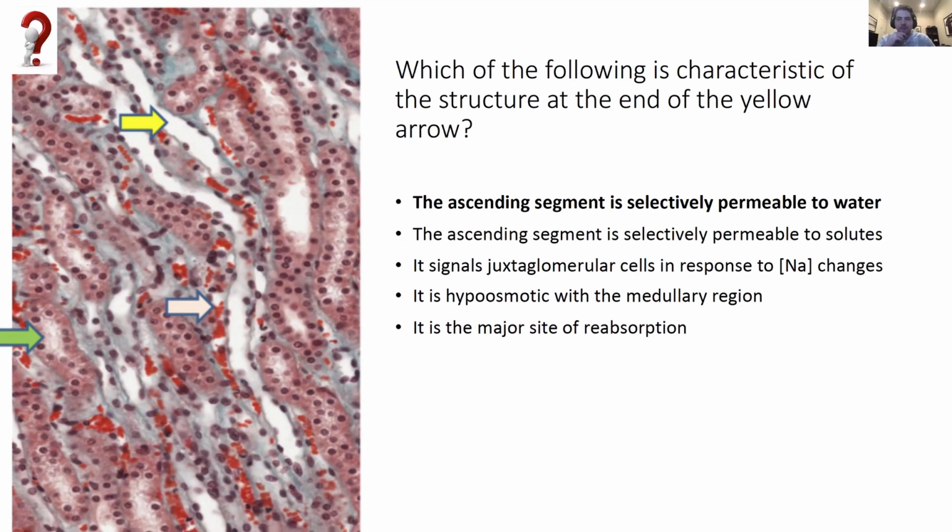And then C or D, hypoosmotic, that's when you get up. At the DCT, that's where you're getting hypoosmotic, because at the very bottom of the loop of Henle, when you make that turn, that's when you're really hyperosmotic. Then you go up and up, and it gets down to around 200 or 100, so you're getting very hypoosmotic. That's around the DCT area. And then the major site of reabsorption would be the proximal convoluted tubule.